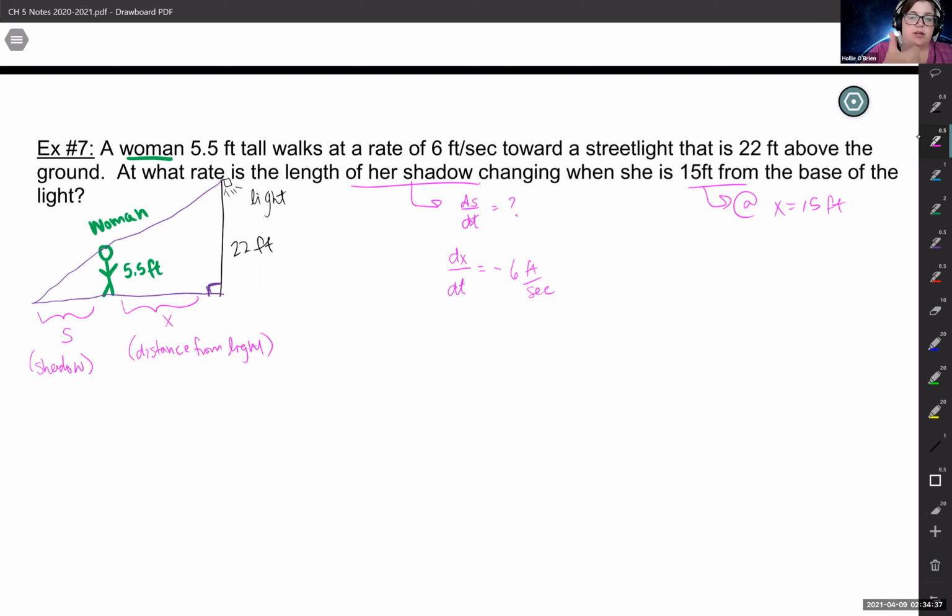So we drew a picture, we understand what's going on with the problem, and we can visualize this woman walking towards a street light. Now we need a way to relate things. We're trying to find ds, the shadow length. So if there's some way we can relate the shadow length to something else, my hint is we just did an example with related triangles.